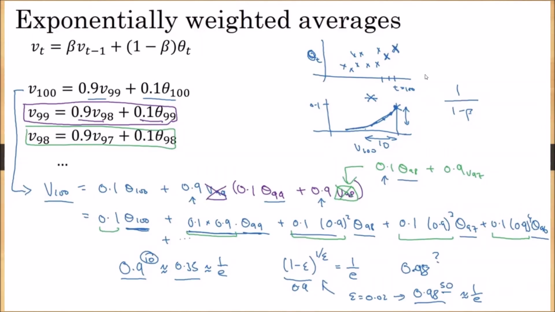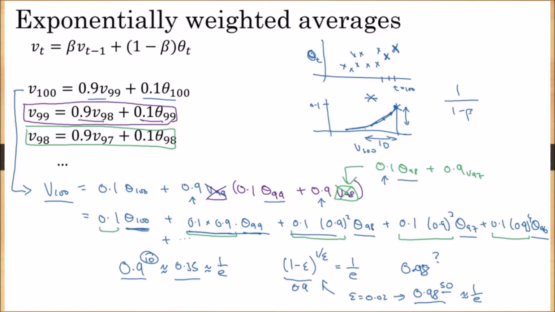This is how we discussed how beta, the weight of the equation, affects the average. If we take the weight as 0.9, it gives the average temperature up to 10 days. If we take the weight as 0.98, it gives the average up to 50 days. If we take the weight as 0.5, it gives the average up to 2 days only. So that's why we call this an exponentially weighted average.